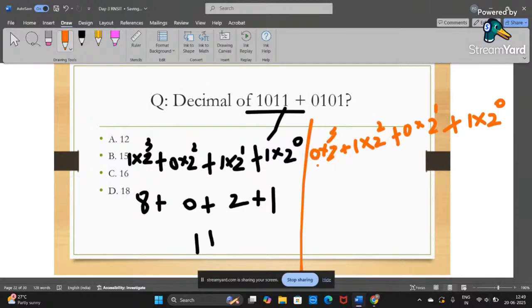Now multiplying anything by 0 gives 0. 1 into 2 power 2, 2 power 2 is 4. 4 into 1, 4.